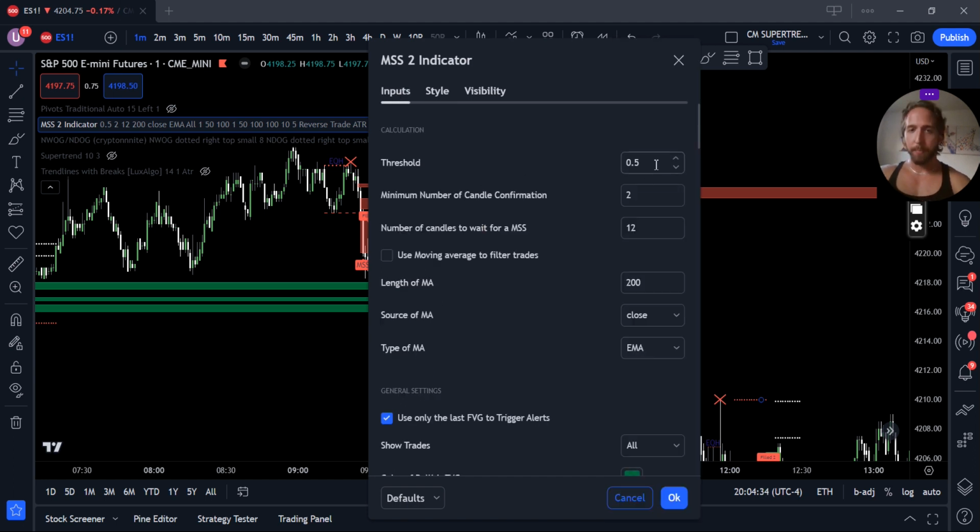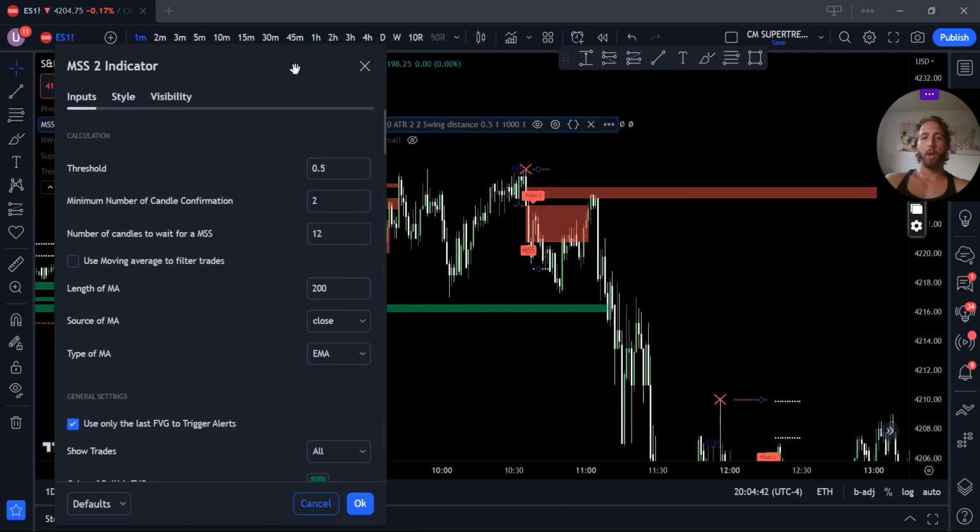So, okay, here's the threshold. The threshold, again, without going into detail as far as how this is coded, essentially just determines how much wiggle room it's going to allow for your relative equal highs and lows. Because obviously we already know that the equal highs and lows are not going to be exact numbers. You just want them to be relatively close.